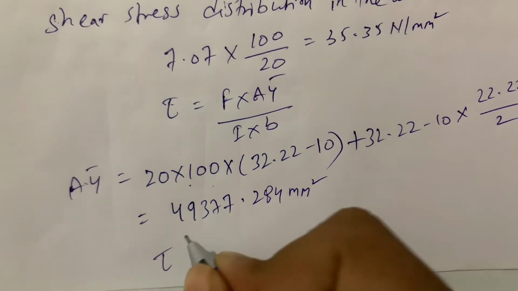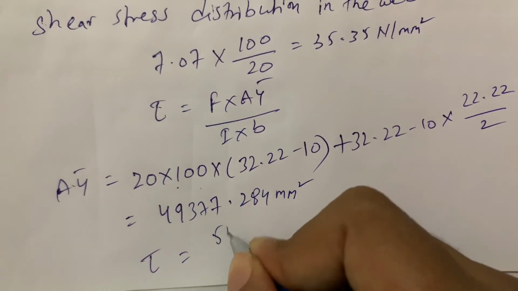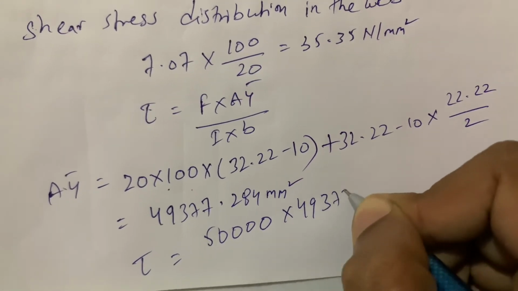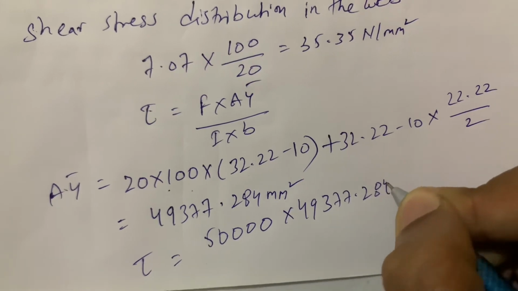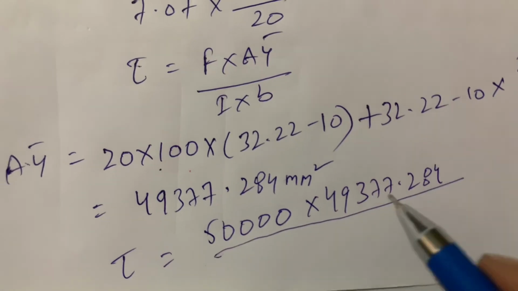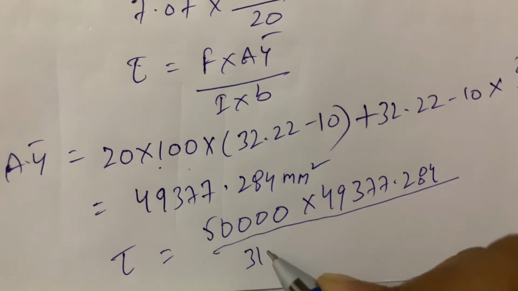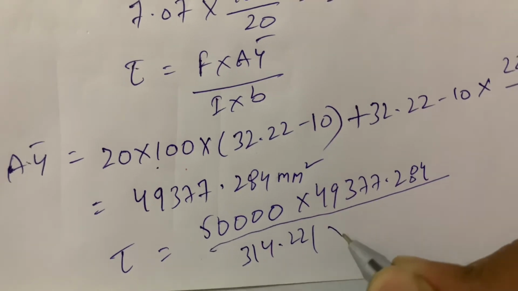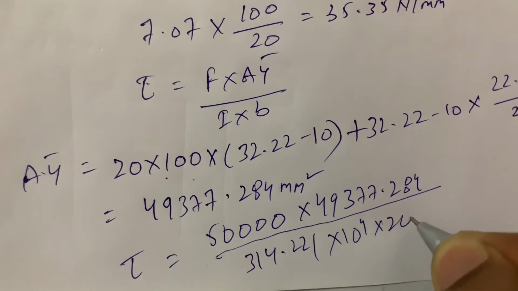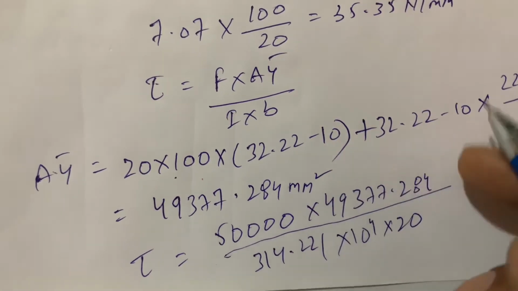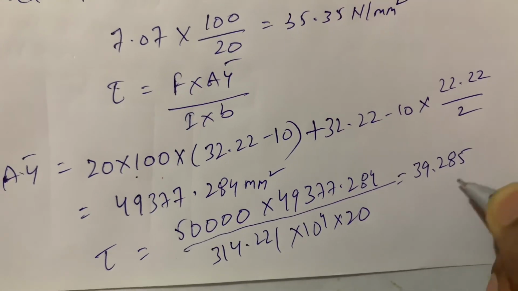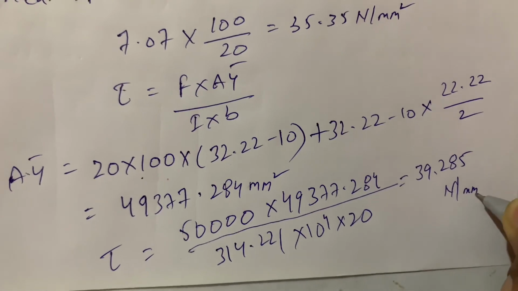So I substituted all the values in this equation: F value 50,000 and A into y bar value this one, divided by 314.221, the moment of inertia given in the question, into 10 power 4, into 20, the B value, the thickness of the web. So I got 39.285 Newton per mm square.